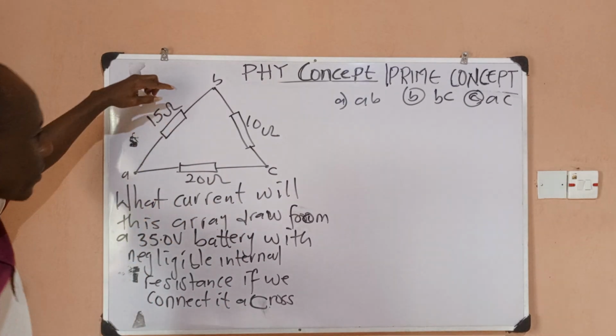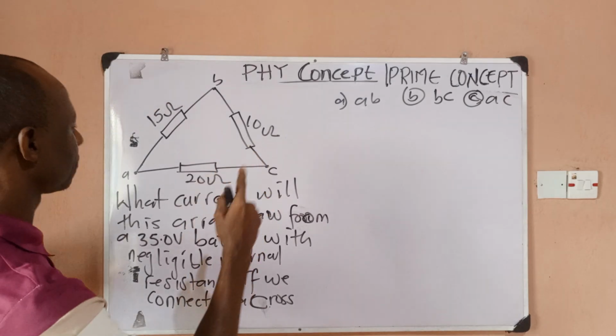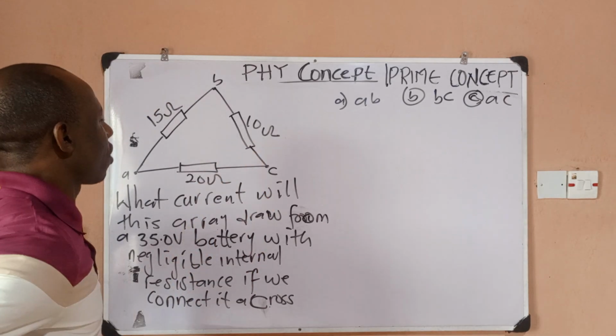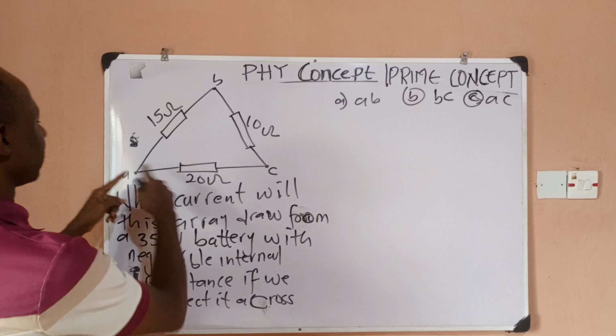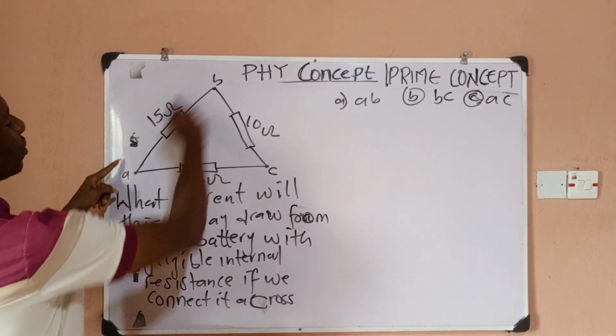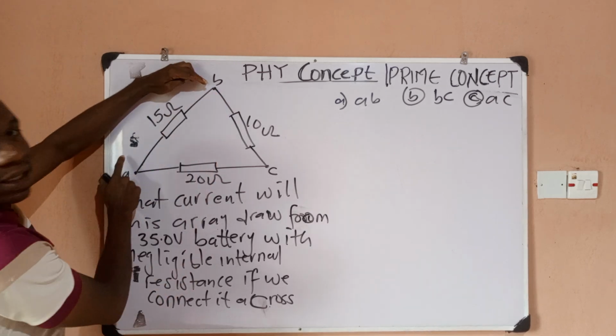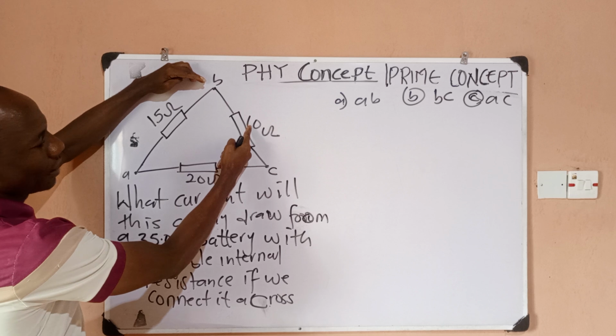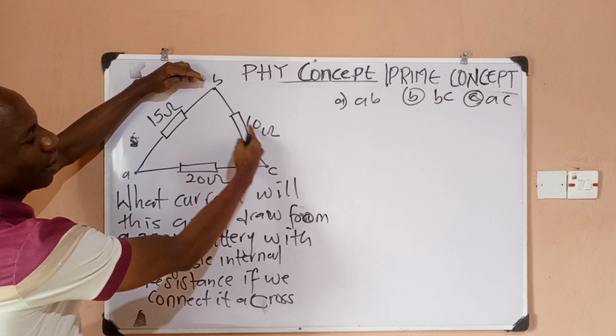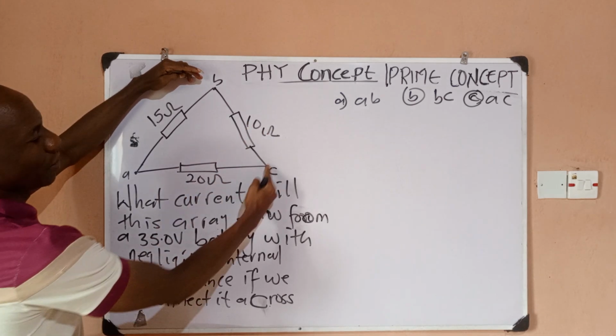Now watch. The first question, we want to find the current across terminal AB. If we are considering terminal AB, it simply means that 10 ohms and 20 ohms are automatically in series, so this is going to be a continuous line.